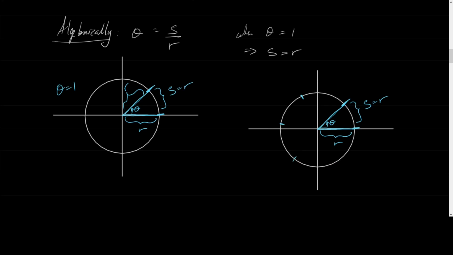So about there, and about there. Every single one of these arcs is equal to S. So all of these arc lengths are all equal to the radius.